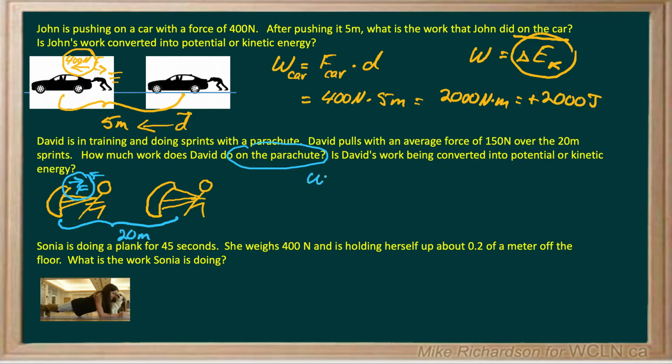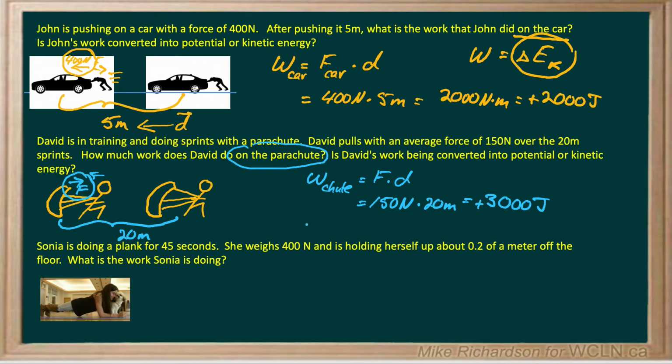And we go to our work equation. Work done on the chute is force times distance. These two things have to be parallel, which they are. In fact, they're both in the same direction, so as above, we would expect a positive amount of work. 150 newtons times 20 meters gives us 3,000 Newton meters or 3,000 joules of energy transferred or work done.